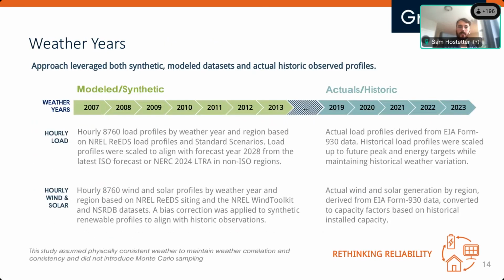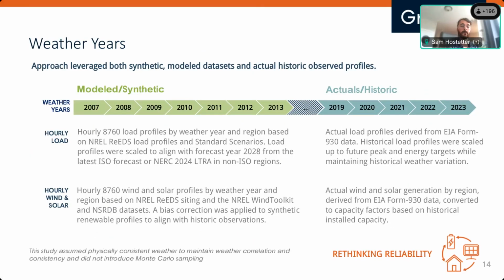And then moving on here, we have a look at the different weather year specific inputs that we used in the study. We modeled over two different groups of weather years. From 2007 to 2013, we pulled hourly load profiles and hourly wind and solar profiles from a modeled synthetic data set, specifically the NREL ReEDS data set.